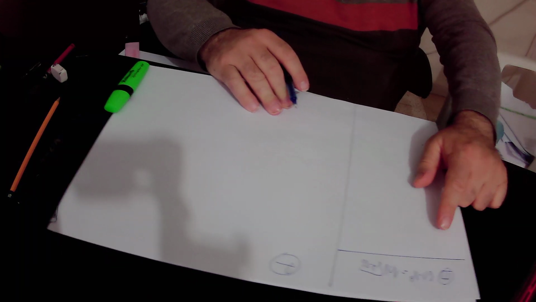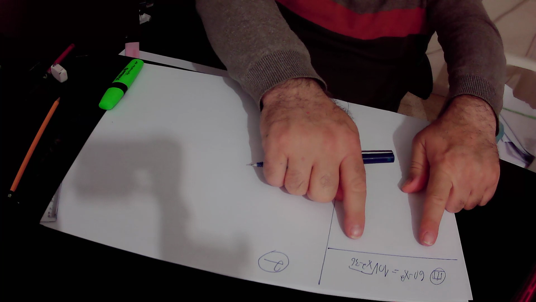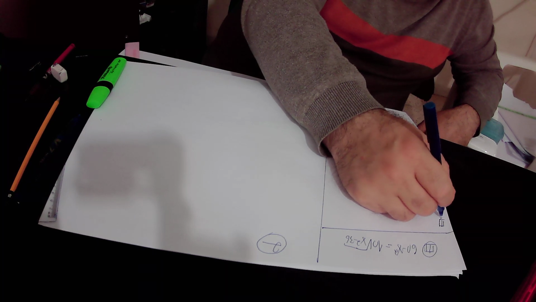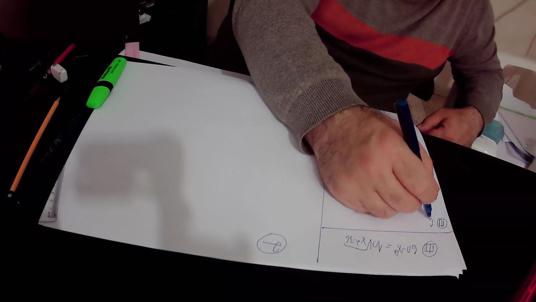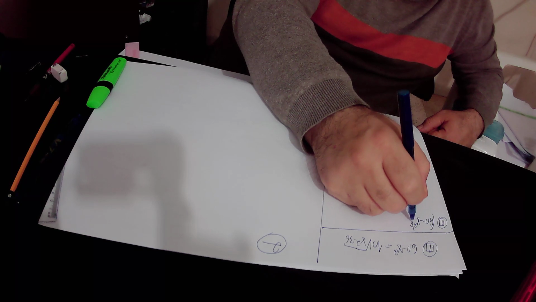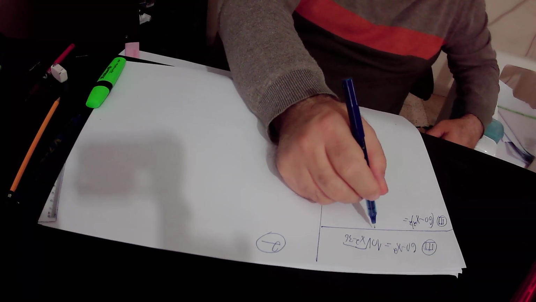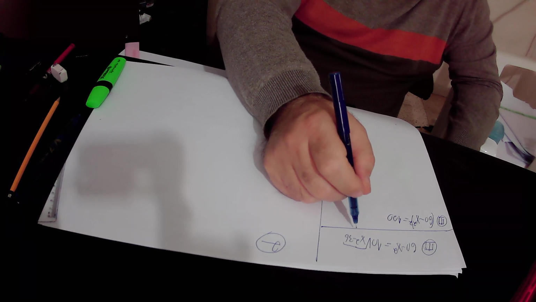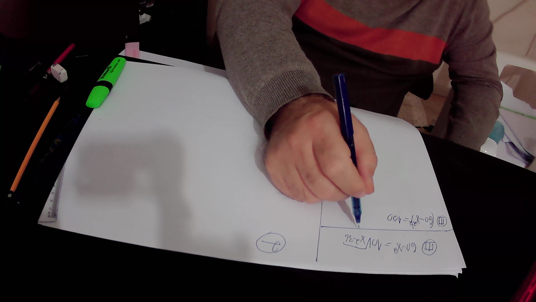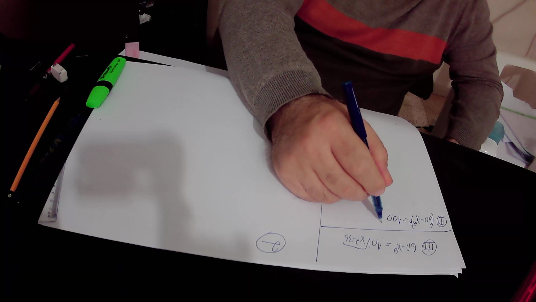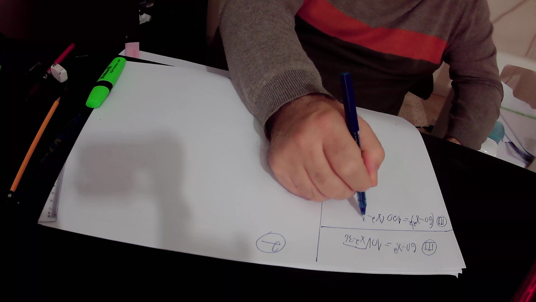Here we will square both sides of equation number 3, and we will get that according to equation number 3, 60 minus x squared, squared, equals 10 squared is 100, and here the square root of x squared minus 36, here the square cancels the root and we are left only with x squared minus 36.